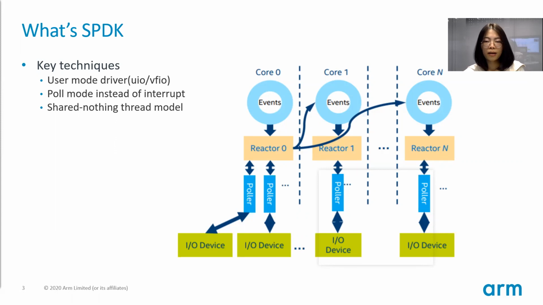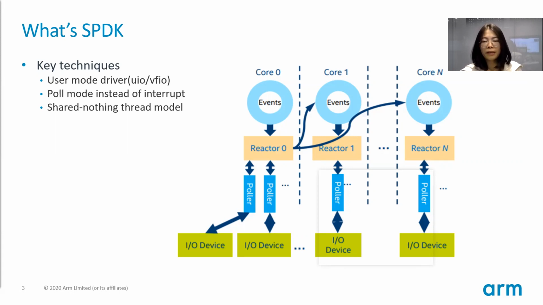And the third one is the shared nothing thread model. Each thread operates on its own resources. For thread communications, SPDK doesn't use a traditional lock mechanism, but uses event rings.